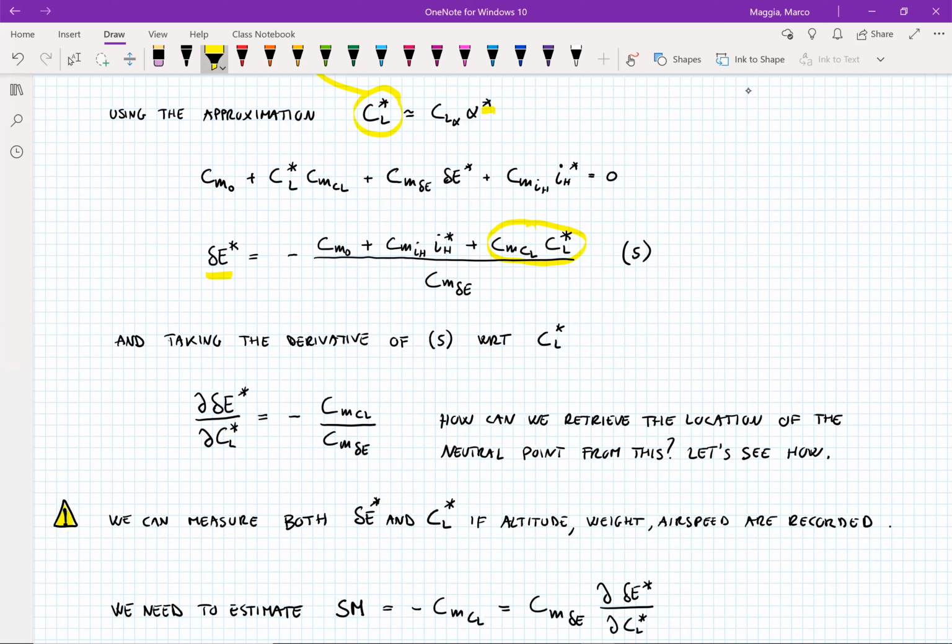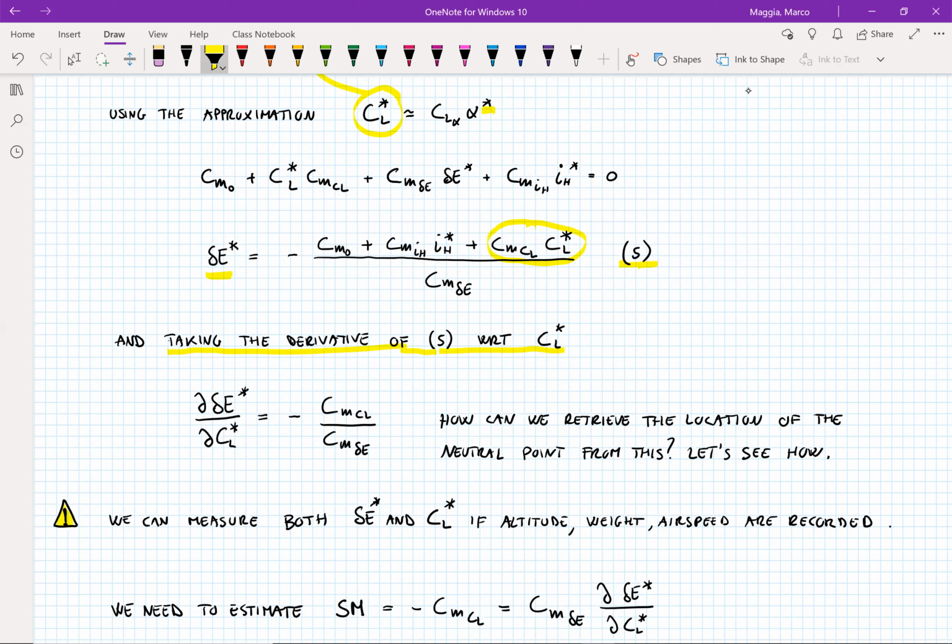And why do we want to do that? Well, I'm going to explain right now. But before that, let's take the derivative of equation number 5 with respect to what? With respect to CL star.